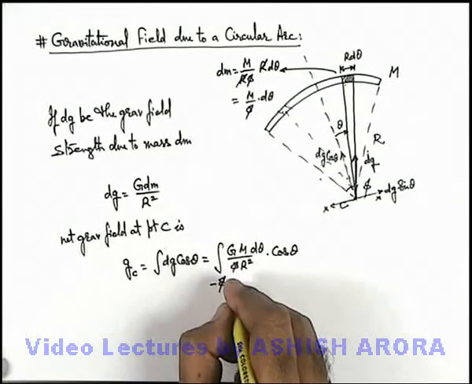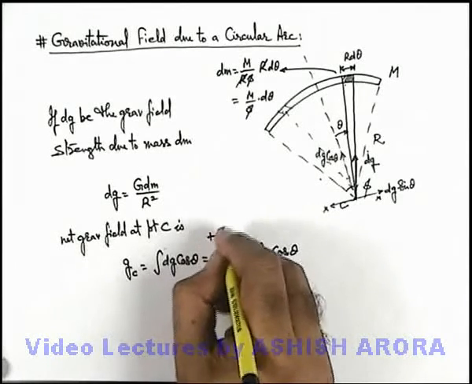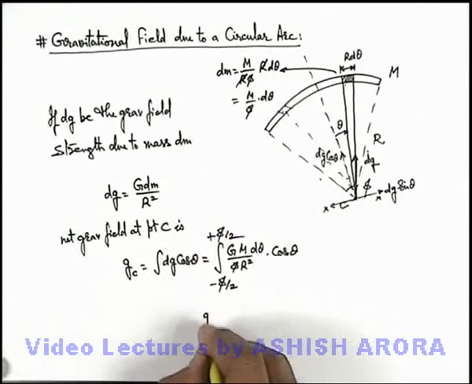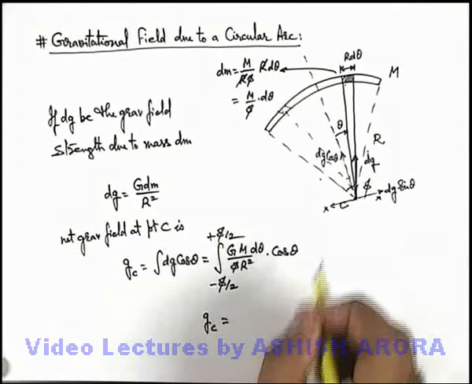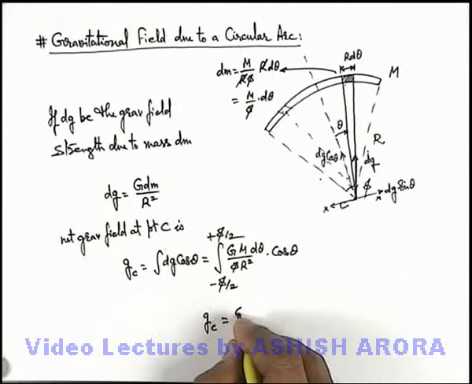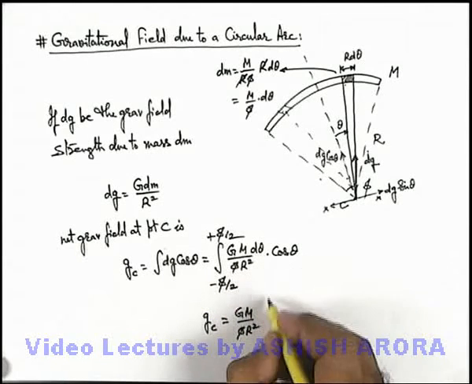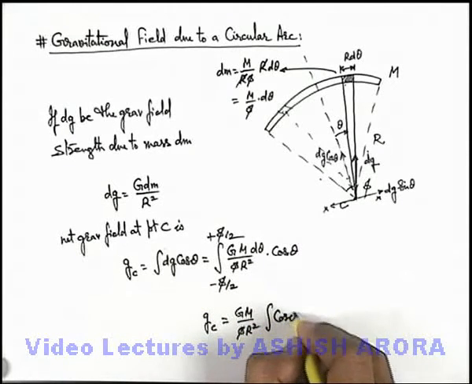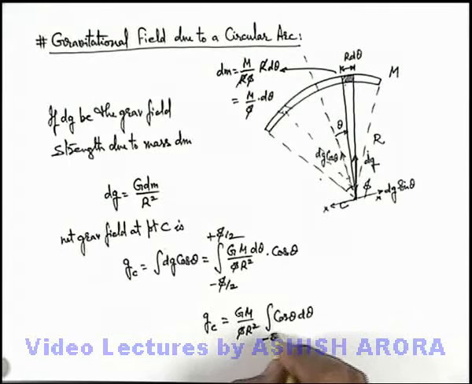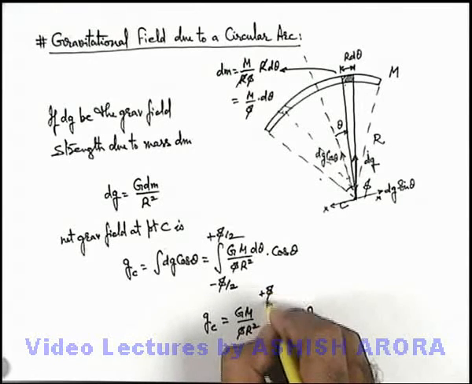For the whole rod it will be minus phi by 2 to plus phi by 2. So on integrating, I get the gravitational field at the center as G m by phi r square, as a constant, which I will take out, and I will have the integration of cos theta d theta from minus phi by 2 to plus phi by 2.